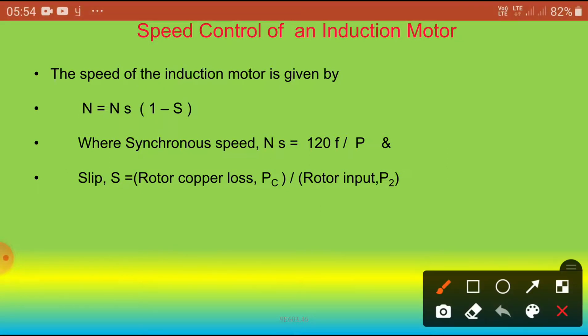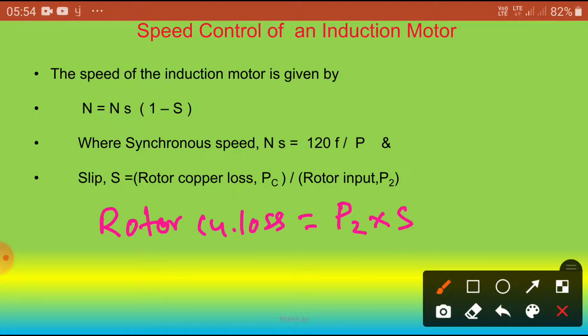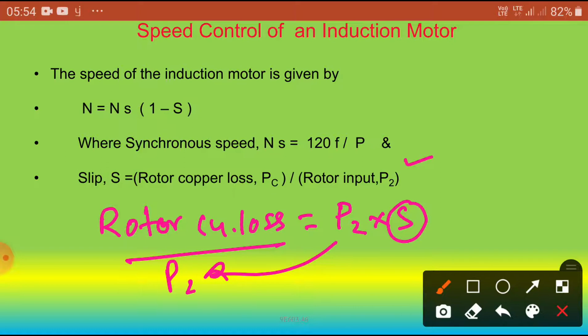In the previous class we saw that rotor copper loss is equal to P2 times slip.